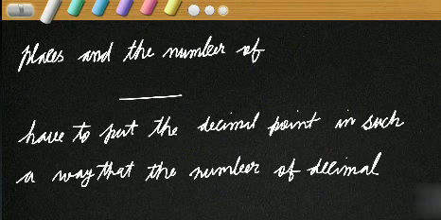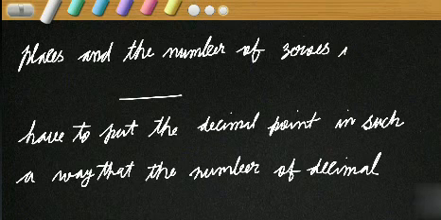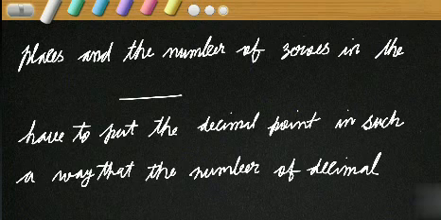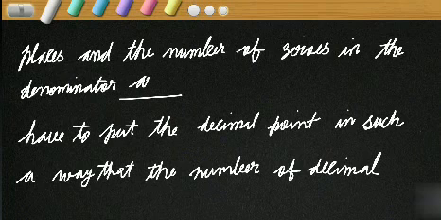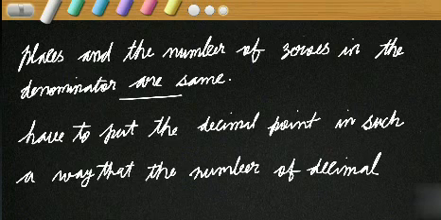Yes, number of zeros in the denominator are same. The number of decimal places and the number of zeros in the denominator are same. Okay?